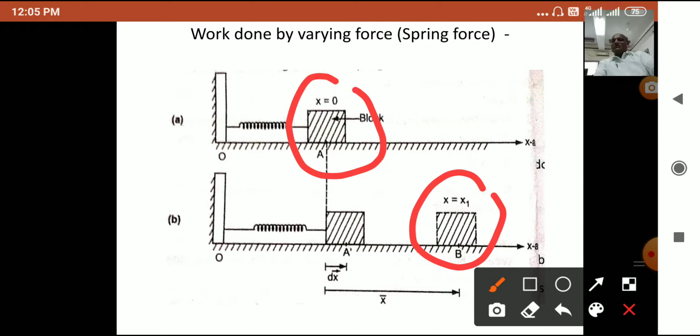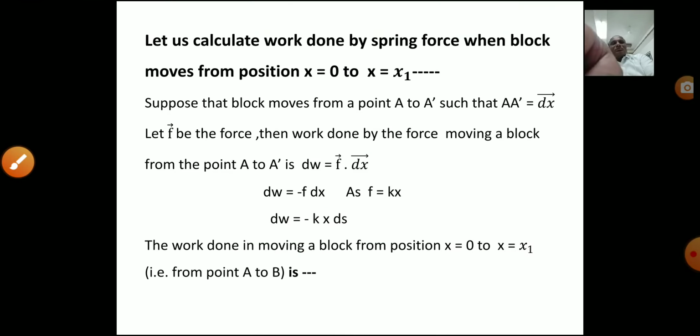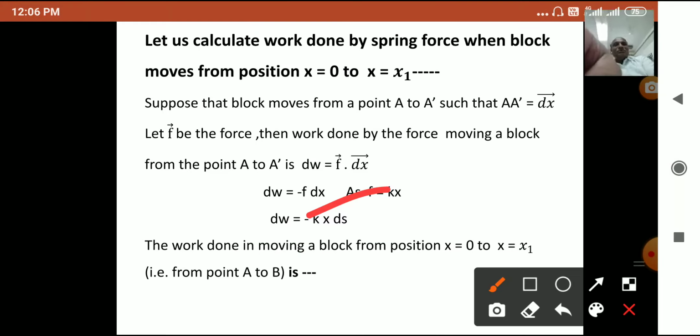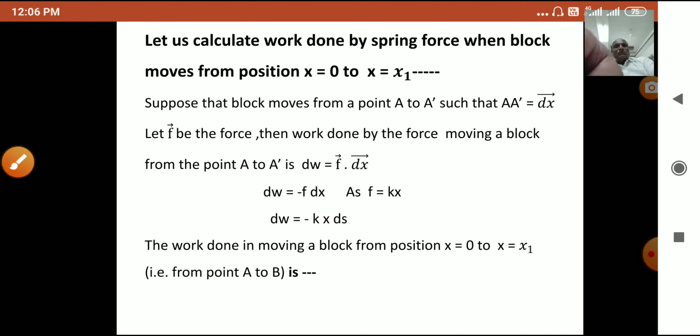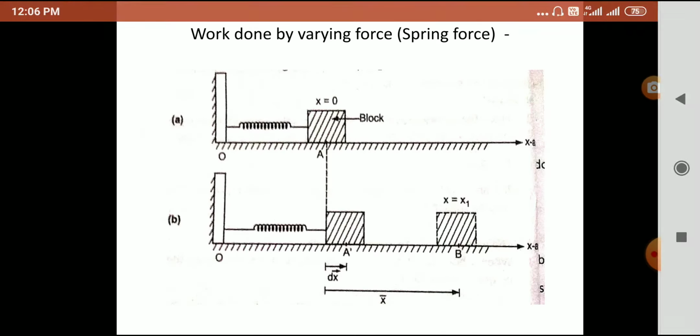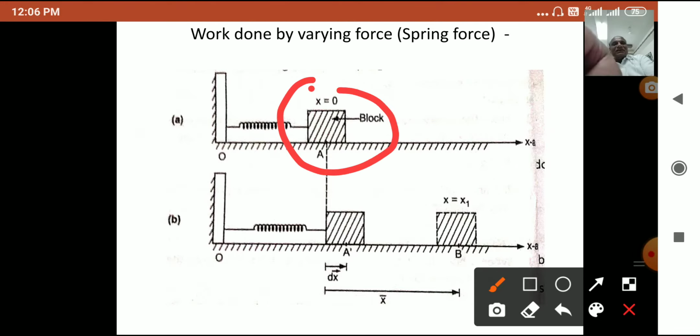For this we consider an intermediate stage. Suppose the block moves from position A to position A dash. Our aim is to find the work done from x equal to 0 to x equal to A, and for this we consider that the block moves from A to A dash, a small displacement.